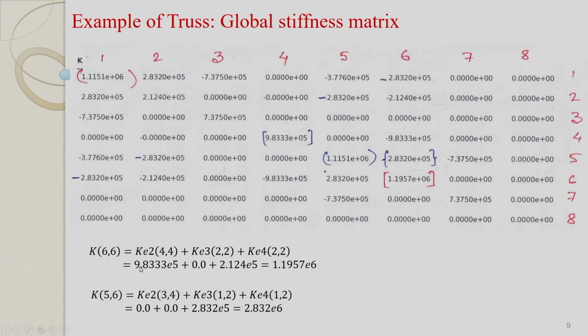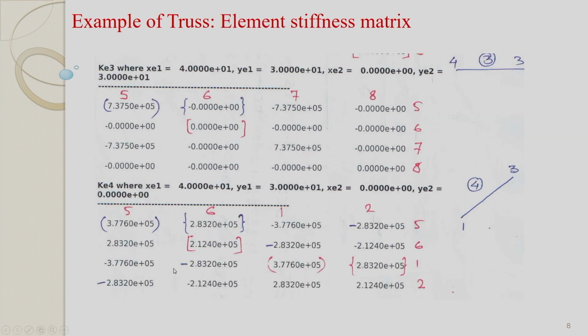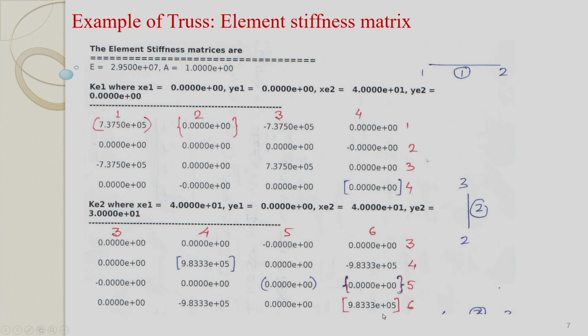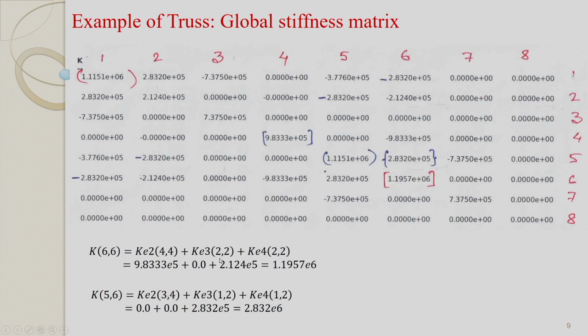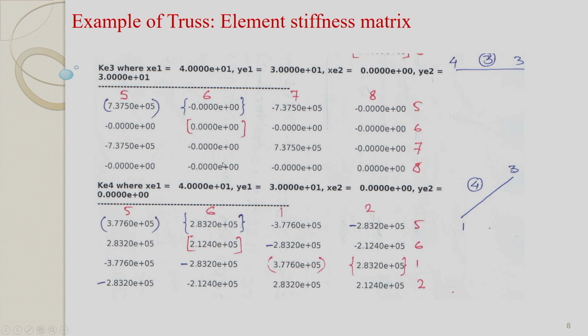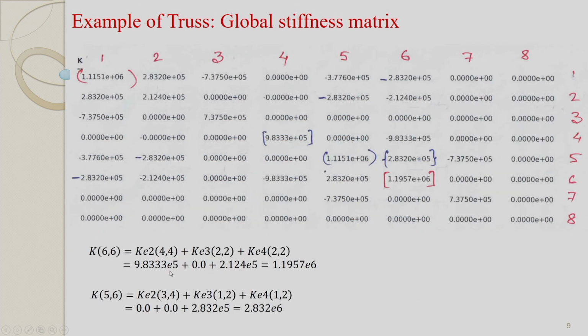So, 4 comma 4 position, that is 9.8 triple 3 5. Here you can see this is that entry. Similarly, for Ke3 the local position is 2 comma 2. The global 6 comma 6 is coming in local 2 comma 2. So, here it is 0, and from the 4th element stiffness matrix again it is coming from local 2 comma 2, that is 2.124 E5. Now, after adding these 3 you get 1.1957 E6.